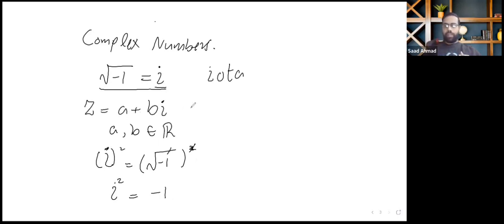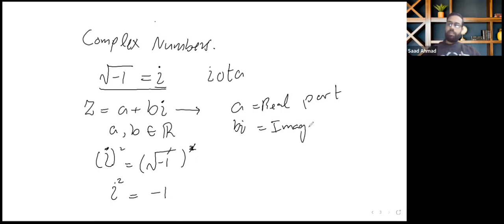When we have the complex number here, this A is called the real part, and the B iota is called the imaginary part.